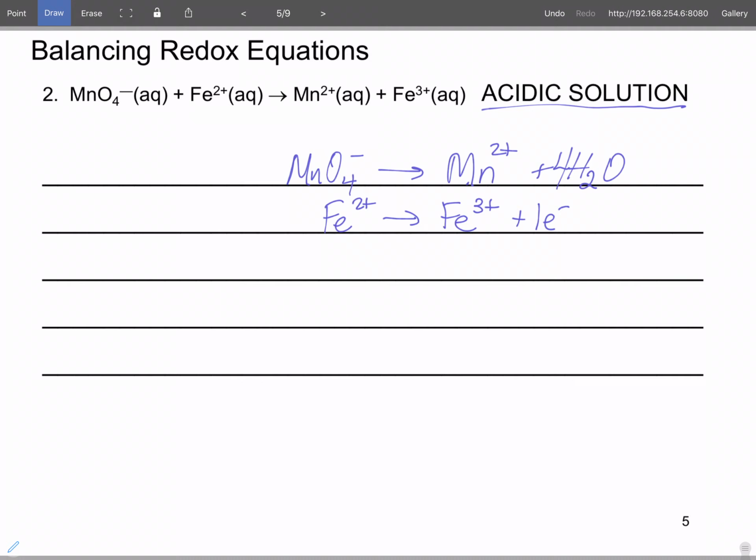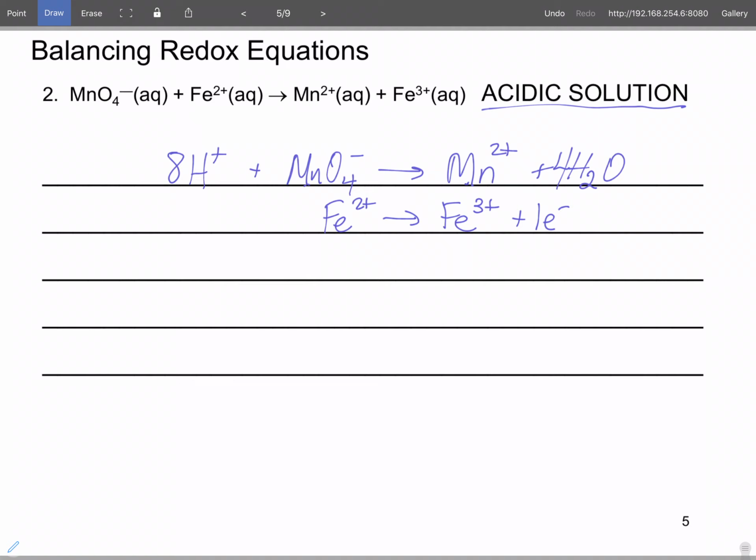So now I'm mass balanced with respect to manganese and oxygen. Now I have to account for the hydrogens. So I have 8 hydrogens, and it's an acidic environment, so I can add hydrogens in the form of H+. Okay, so just as a quick double check, 8, 8, 1, 1, 4, 4. We're good. Now I'm mass balanced.